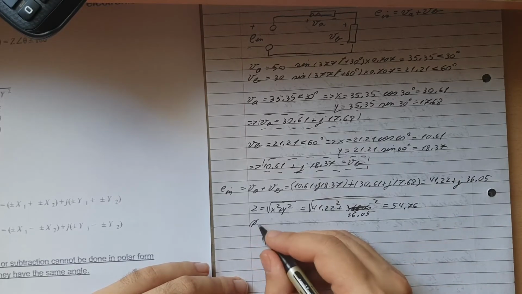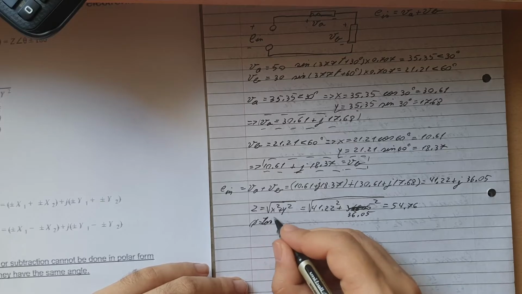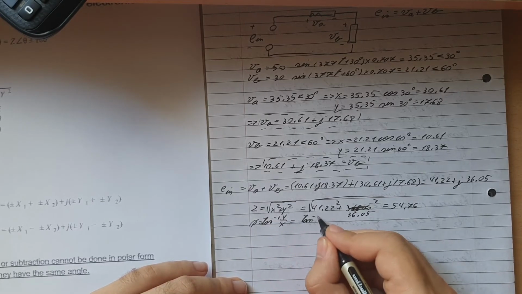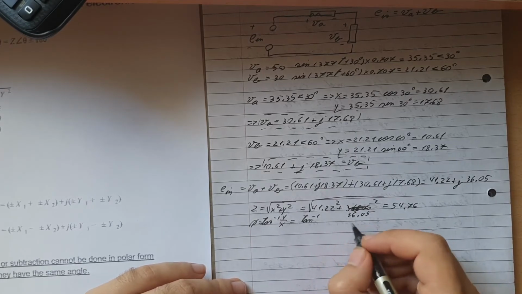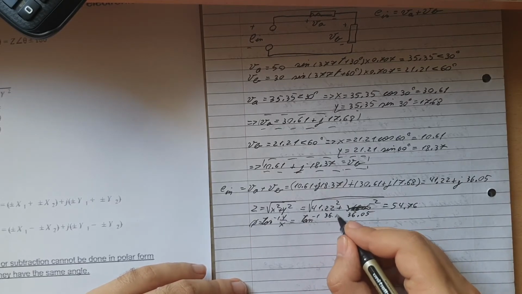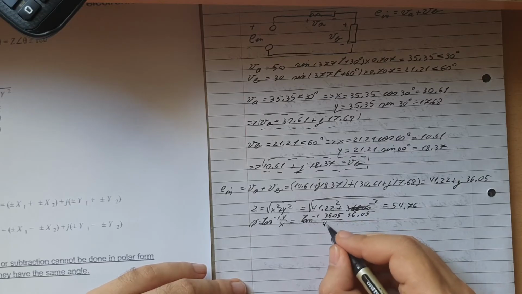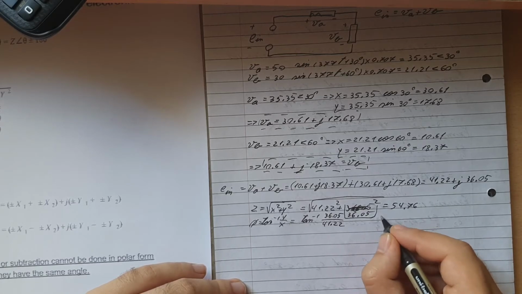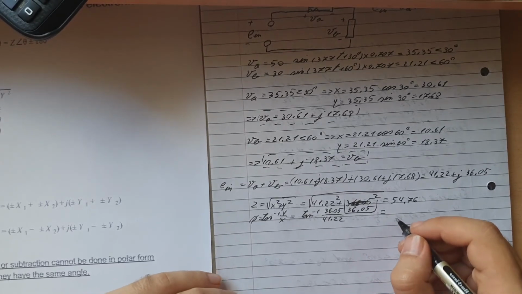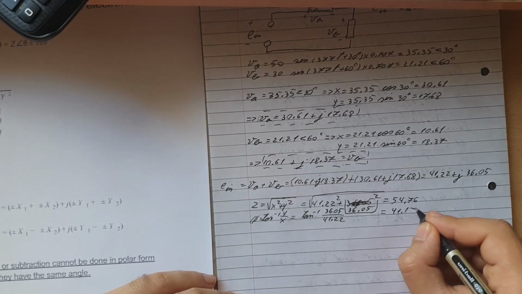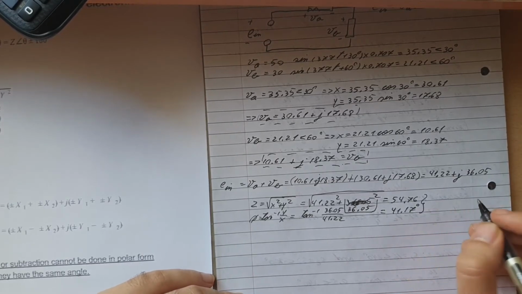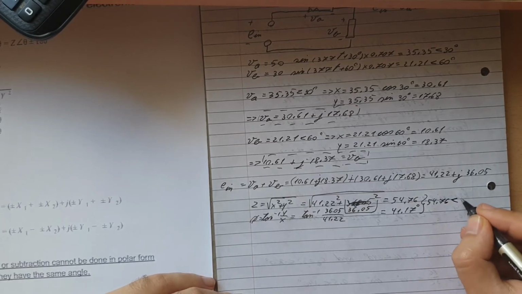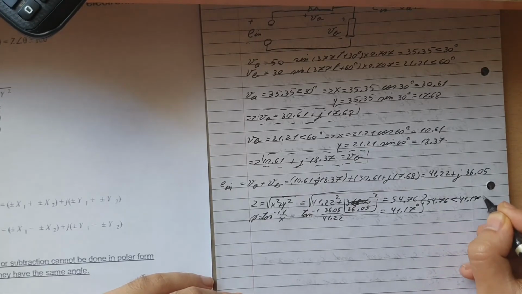And now the angle: theta is equal to tan inverse of y over x, which is equal with tan inverse of the y value, 36.05 over 41.22, and that one will be equal with 41.17 degrees. Very important to remember. So that would be 54.76 at an angle of 41.17 degrees.